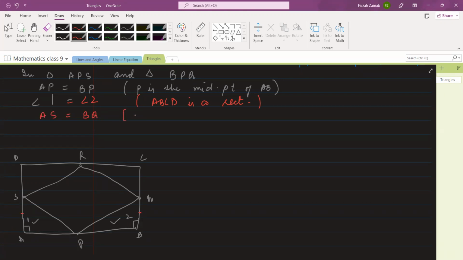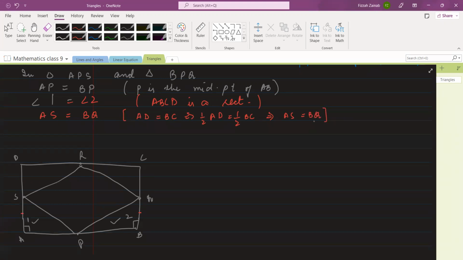Now why am I saying it? The full side AD is equal to BC, the opposite sides of a rectangle are equal. So if I halve them, half of AD is equal to half of BC. Half of AD is AS, and half of BC is PQ, because S and Q are midpoints.